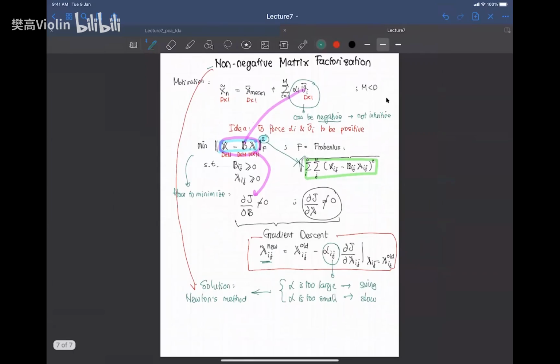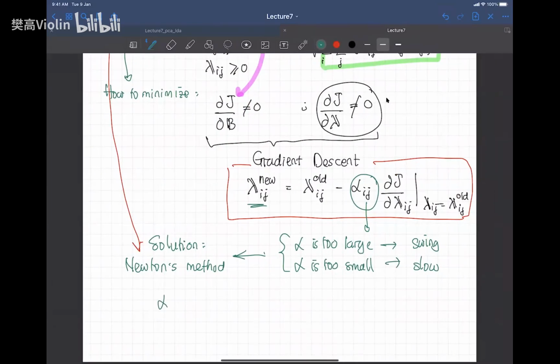And in Newton's method, alpha Ij equals what? Anyone know? What do we replace alpha Ij with in Newton's method? Yes, the Hessian. Basically, the Hessian is the second derivative.